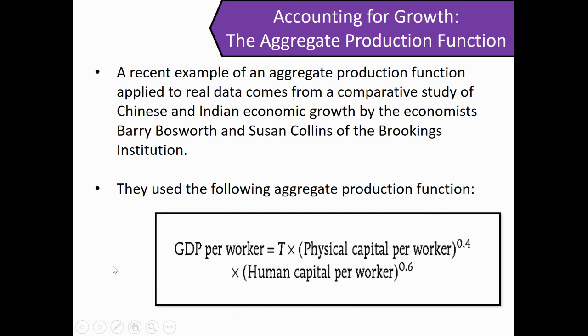They essentially said that we could look at the GDP per worker, not GDP per capita. The GDP per worker is essentially T, meaning the estimated level of technology, times the physical capital per worker raised to the 0.4, and times the human capital per worker raised to the 0.6.